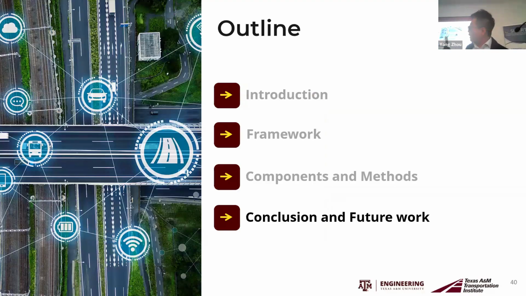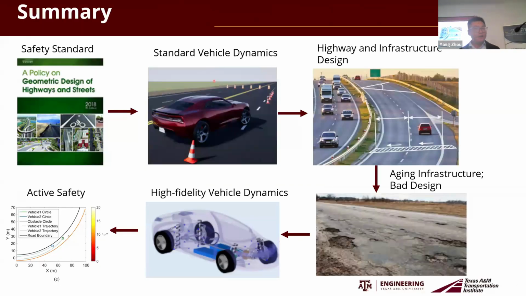So let me first summarize the components of this part. Initially, we have some level of safety standards, called the Green Book, right? In the Green Book, we assume some vehicle dynamics, but very standard ones, and we do our highway and infrastructure design.